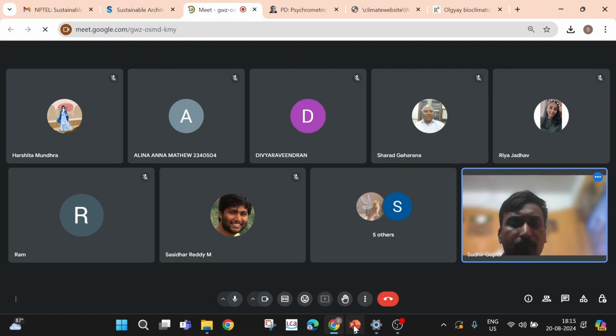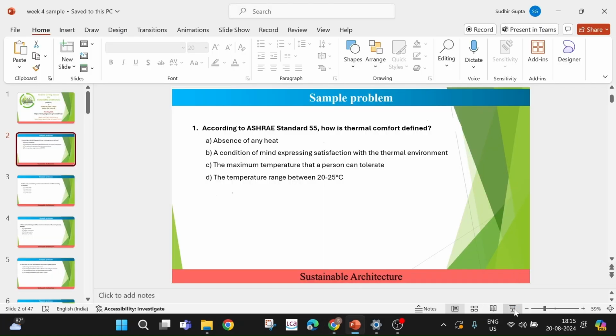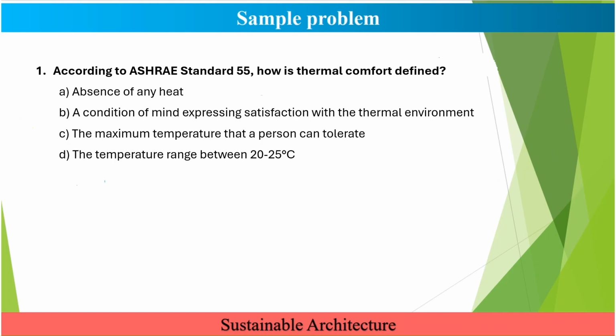Question first is clear to all of you. So for this particular question, question number first, the correct answer is answer B. That is, a condition of mind expressing the satisfaction with thermal environment, which is the definition of thermal comfort. All of you fine with this answer? Yes, sir. All other answers, like a temperature range between 20 to 25 degrees Celsius, this is not defined.